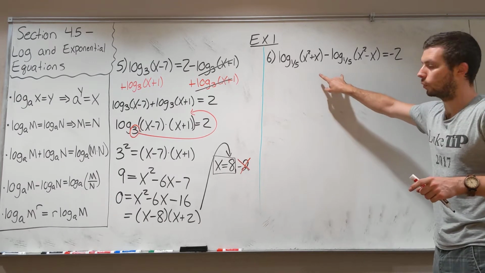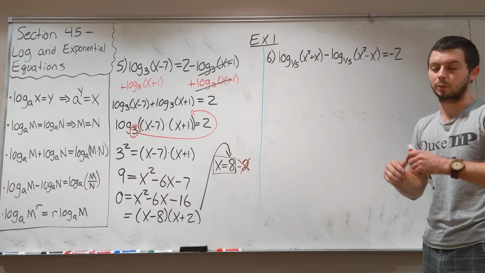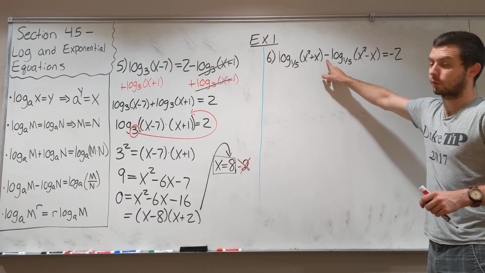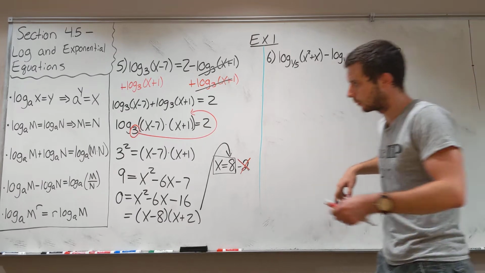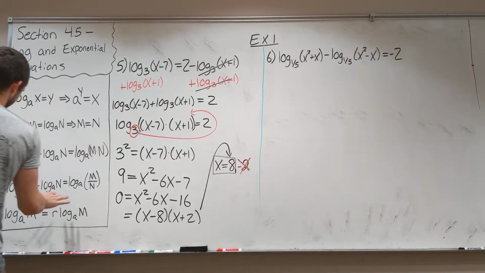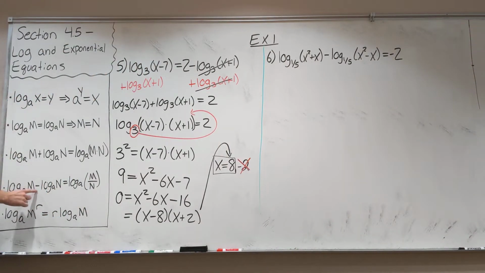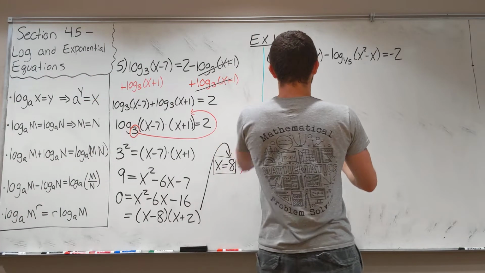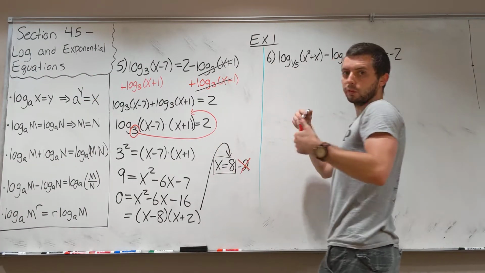We'll go ahead and take these two logarithms and condense them down to a single logarithm. So this is subtraction. It's a difference of logarithms. And if we look at our available formulas here, we do have one that tells us what to do when there's a difference. It tells us use a quotient, i.e. use the quotient rule. So the quotient rule, that's what we're going to apply.